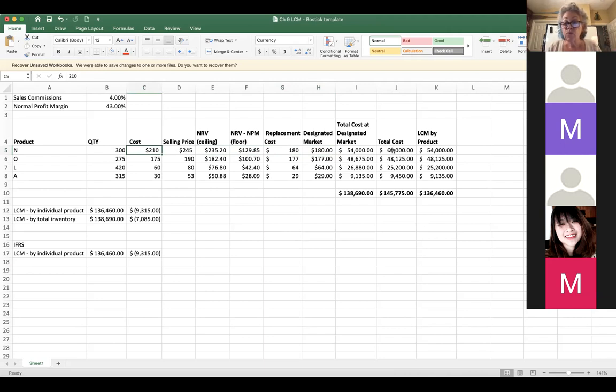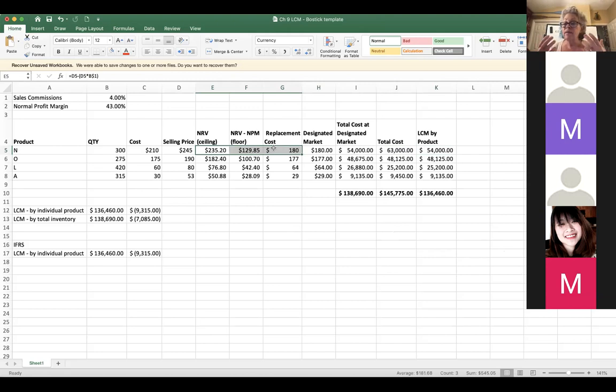And that is what we did here, determined which one is lower after we had multiplied it by quantity. So does everybody understand the concept? Under LCM, the M is not NRV like it is for FIFO and average cost.